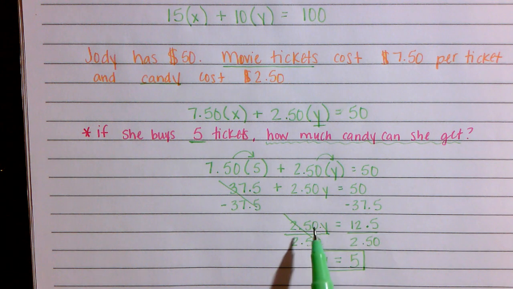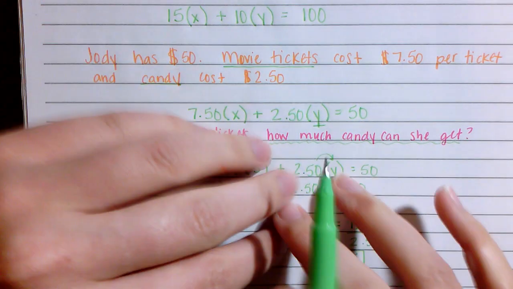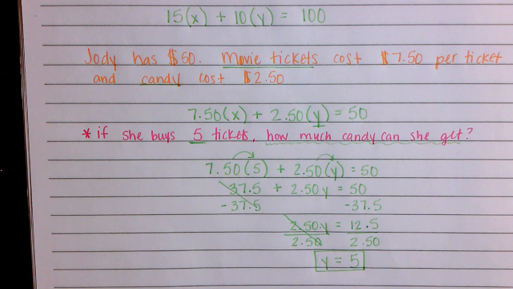And if each piece of candy costs $2.50, what number can she multiply that by without going over, right? $2.50, she can get 5 pieces and not go over. And we found that out by solving for y and getting it completely by itself. So we basically undid this equation and figured out what y can be by itself.